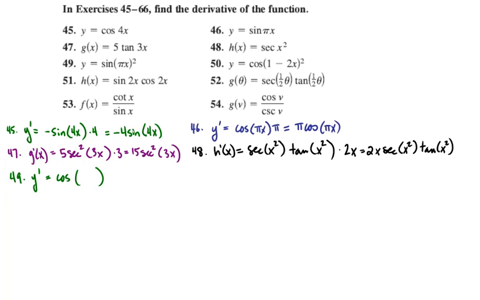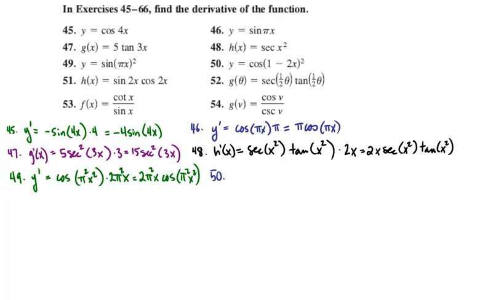So if I want to break it up, I could write it as pi squared x squared, and that way I wouldn't need more parentheses inside. So it's cosine of pi squared x squared times the derivative of pi squared x squared. Pi squared is just a constant, but we're still bringing down the 2, so it'll be 2 pi squared x. And so that finally is 2 pi squared x times cosine of pi squared x squared.